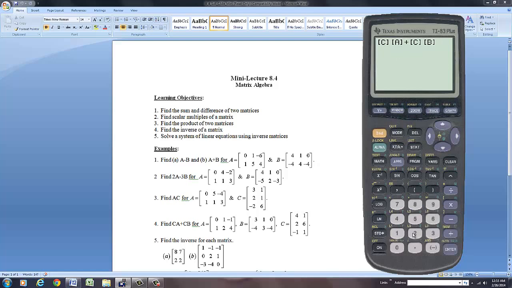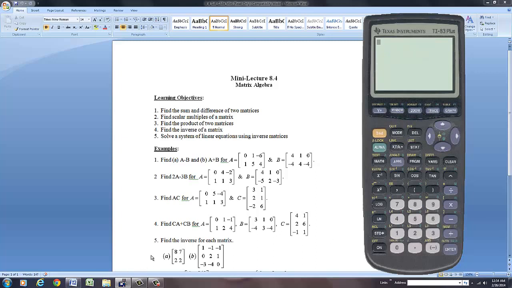There it is, C times A plus C times B. Hit enter, and we get a 3 by 3 matrix with components 9, 13, -4, -12, 34, -2, -6, 3, and 1. That's the way you would work that problem in the calculator.